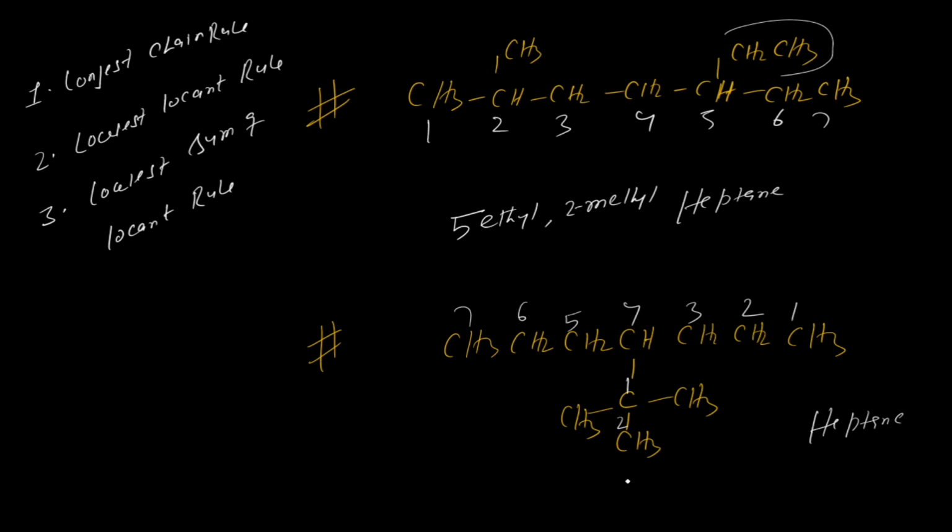At the fourth position we make a big bracket, and it is a 2 carbon group, so we write ethyl over here. Why ethyl? Because it is attached to this one, so in place of ethane we write ethyl. And at second position there is 2-methyl, which we have not named, so it is 2,2-dimethyl ethyl heptane. So this is the IUPAC nomenclature.